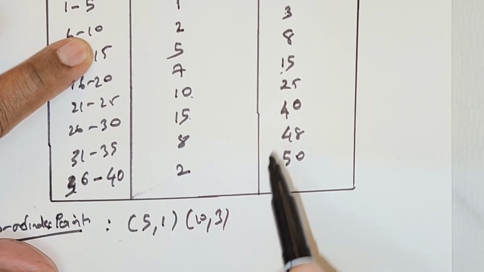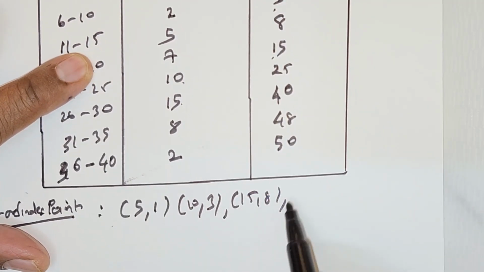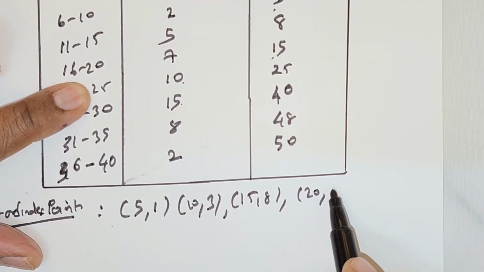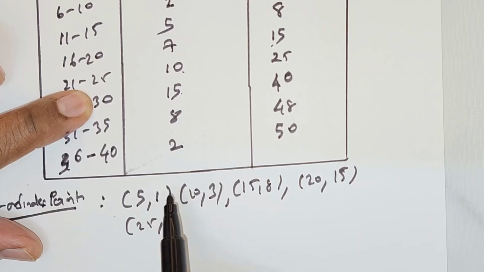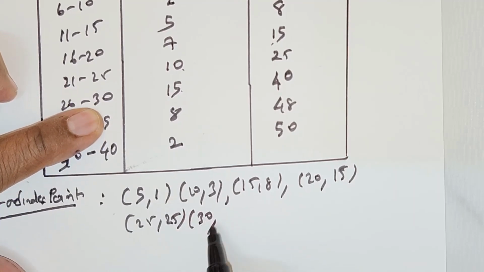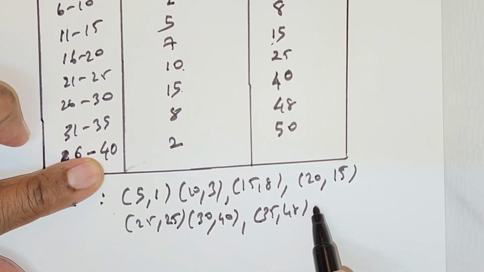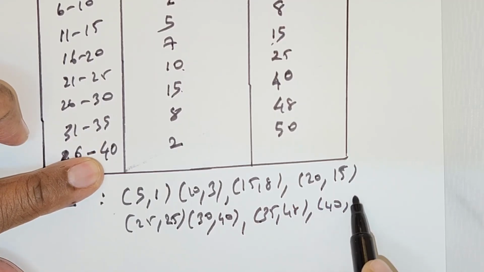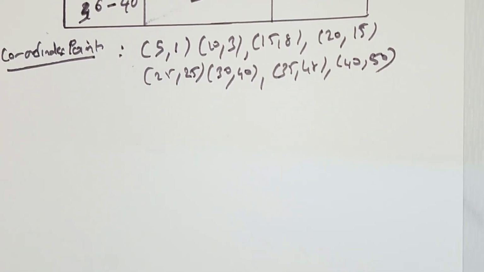So 10, 3, 15, 8, 20, 15, 25, 25, 30, 40, 35, 48, and 40, 50. So you have to draw the graph.